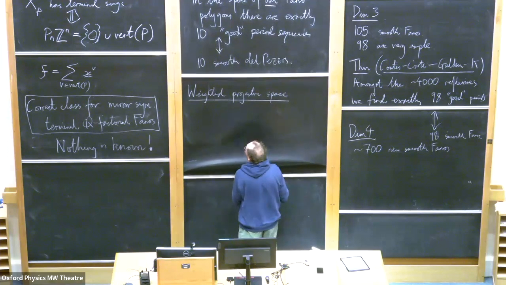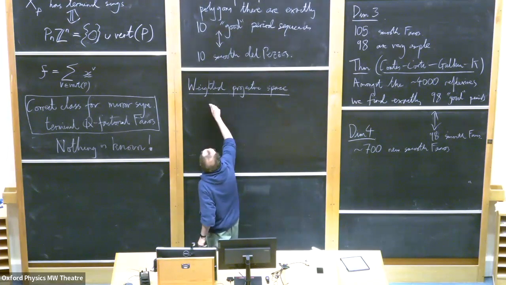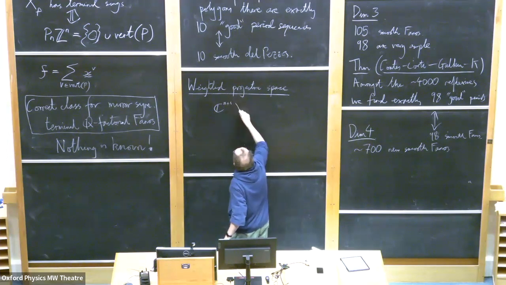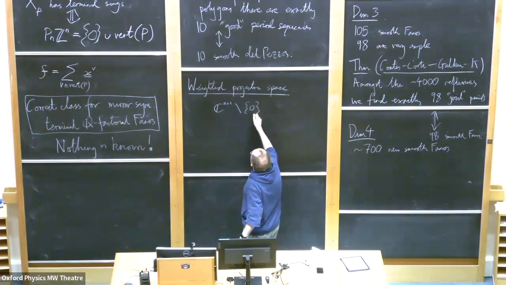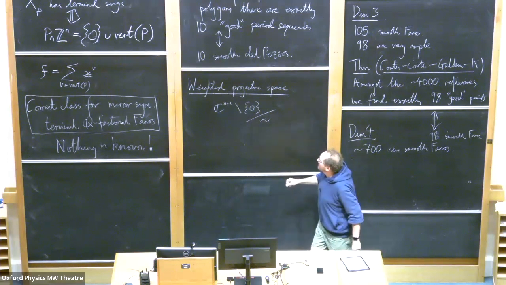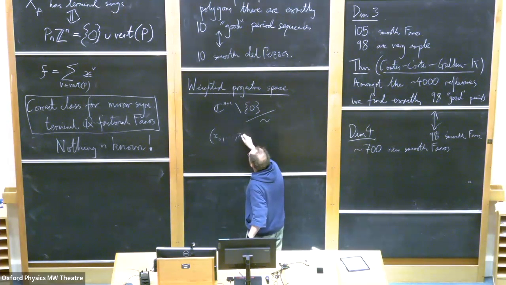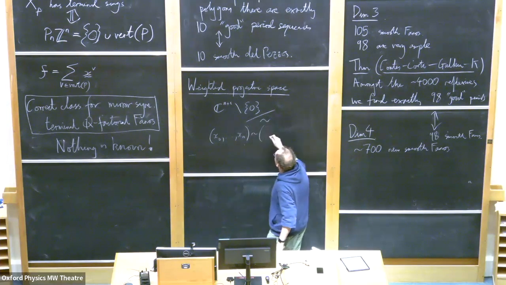Exactly the same as projective space, we have C^{n+1}, knock out the origin, and quotient out by an equivalence relation where we have (x_0, ..., x_n) twiddles.